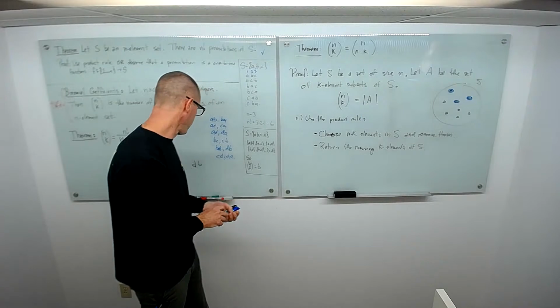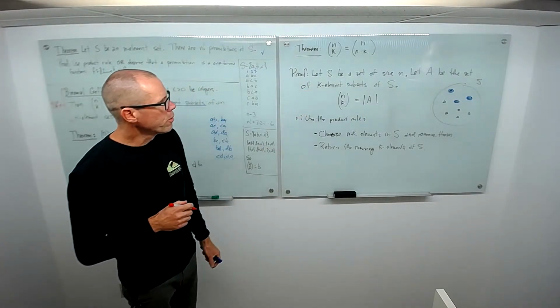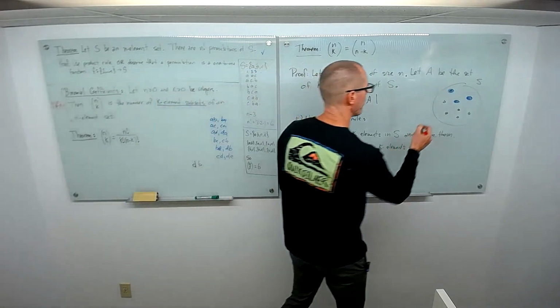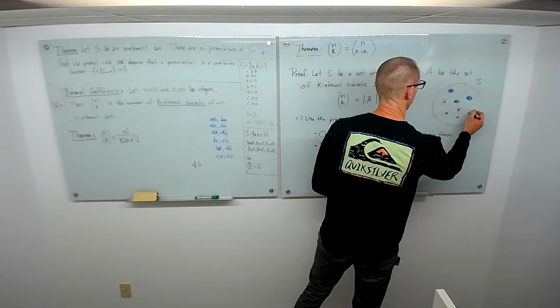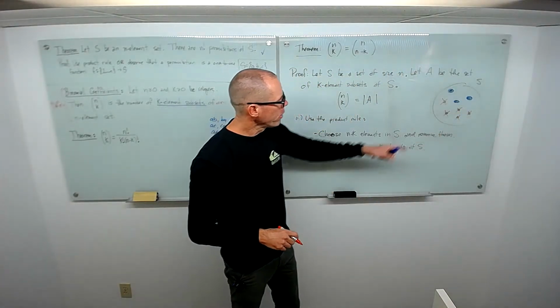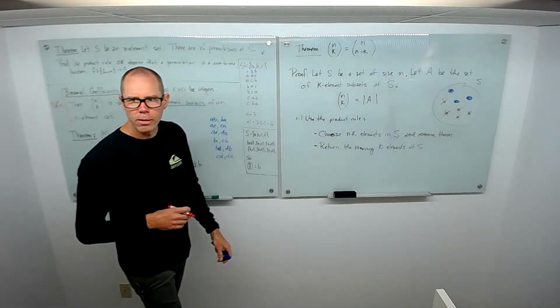On the other hand, there's a totally different view of how to do this. Rather than pick the elements directly, I pick n minus k elements and delete them. And what I'm left with are k elements, the ones that I'll consider to be picked.